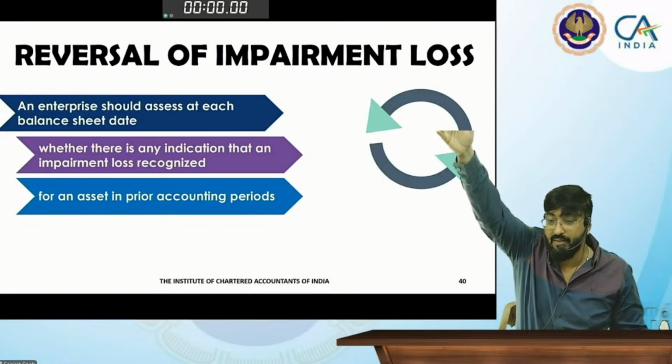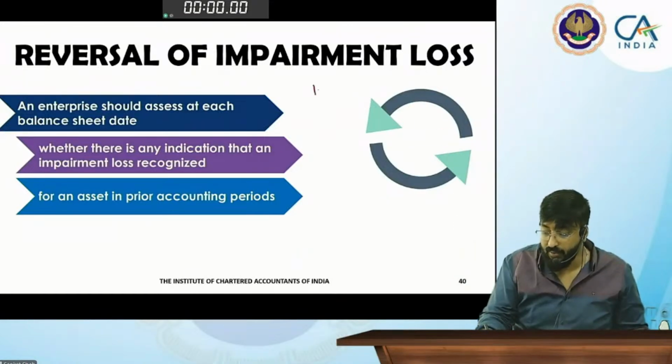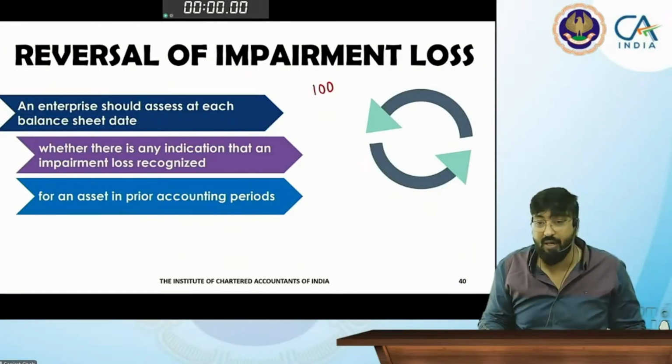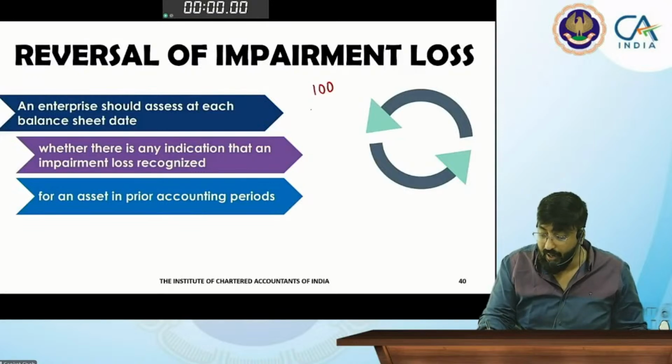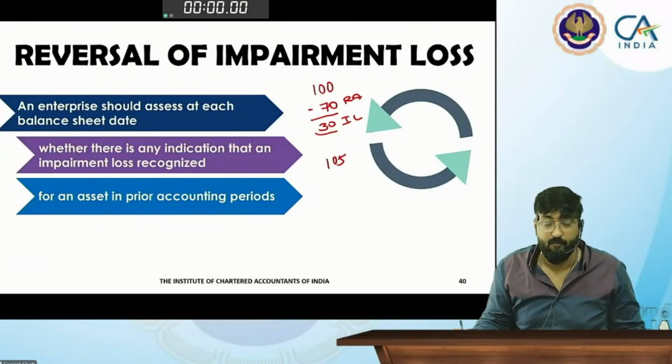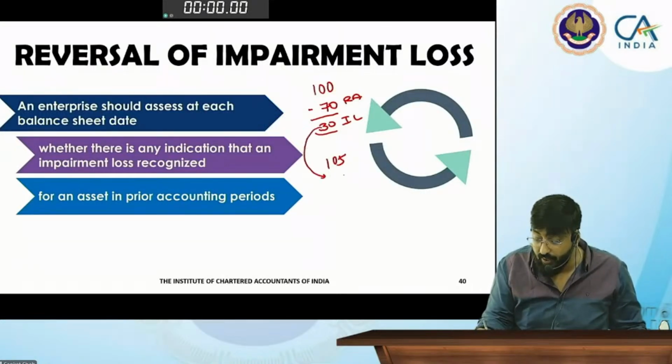You got the concept? For example, suppose my asset previously was 100. Then my recoverable amount is 70. So 30 is my impairment loss, correct? Now my asset balance is 105. Then first I should reverse through profit and loss.